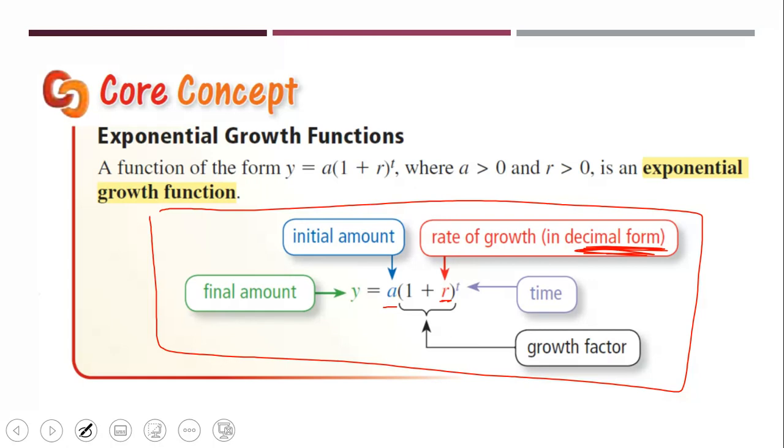Okay, so it's important that we're comfortable changing values from percentages to decimals in order to write the exponential growth equation, or decay equation, which we're going to see in a little bit. But this is very, very important. Make sure that you have this down with every single part labeled. So I'll give you a couple seconds more in case you need to do it.